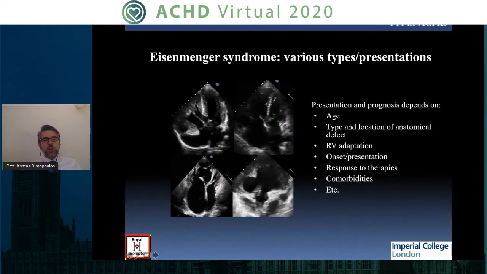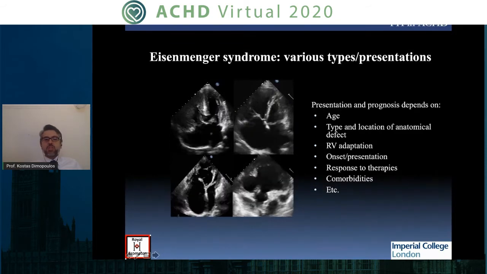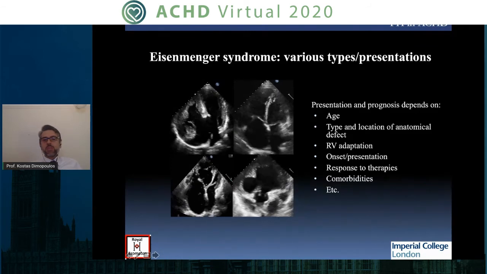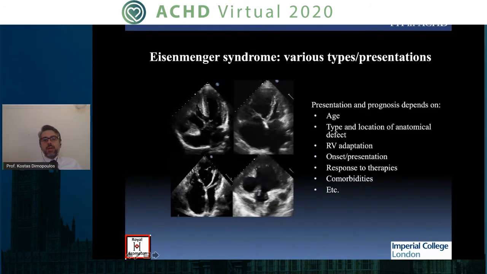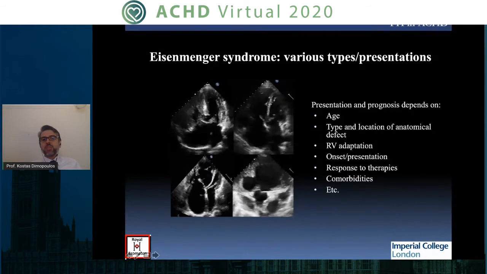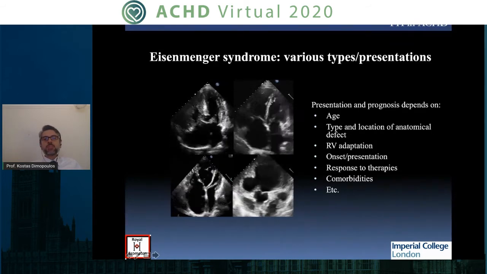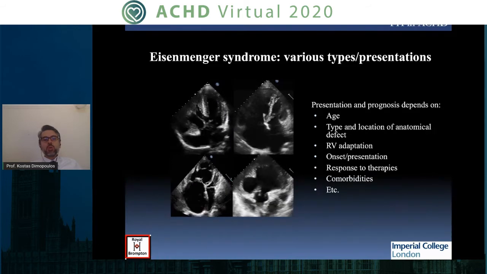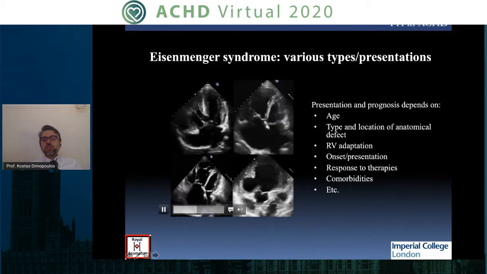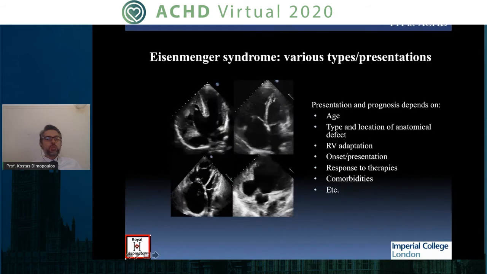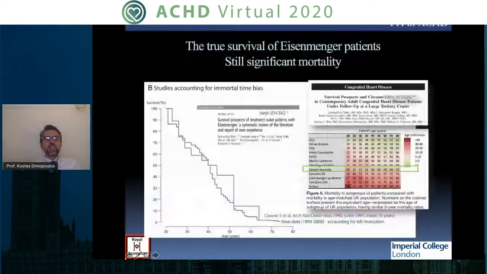The RV has lost its level of adaptation and prognosis is not that good. And of course, we have the patients with complex anatomy, and hence presentation and prognosis depend on various things: on the age of the patient when you see the patient, but also at what stage of their condition they are, RV adaptation, response to therapies, comorbidities, and other factors.